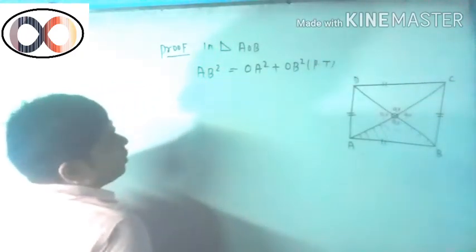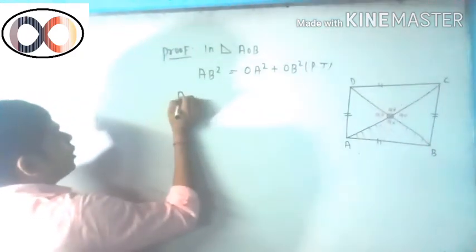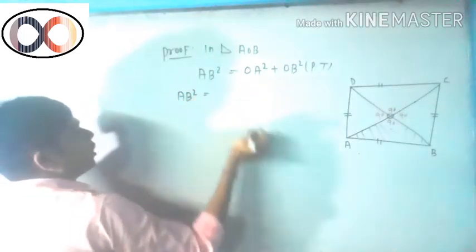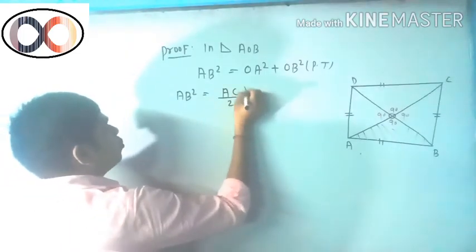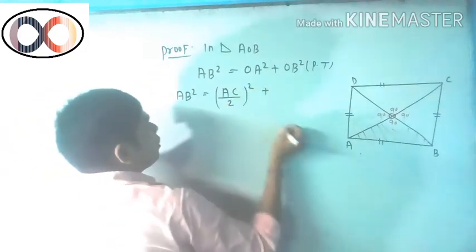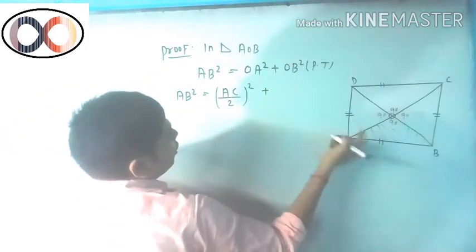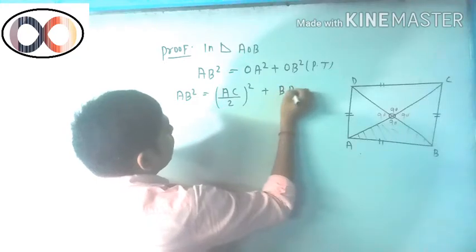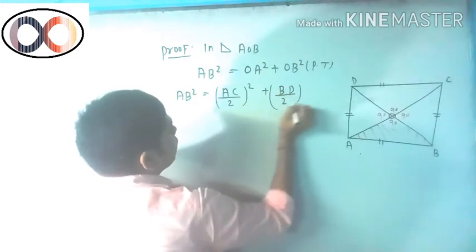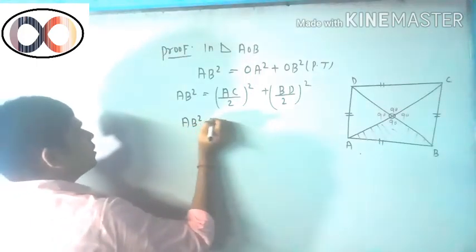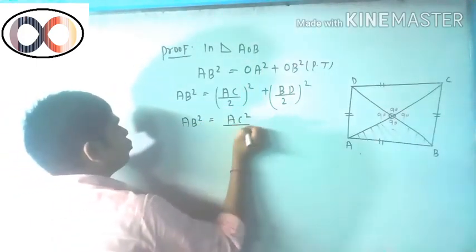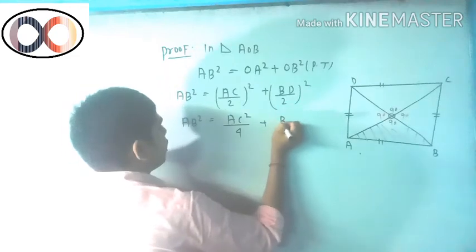In the place of OA we can write AC by 2, and in the place of OB we can write BD by 2. So here is AB square equals AC square by 4 plus BD square by 4.